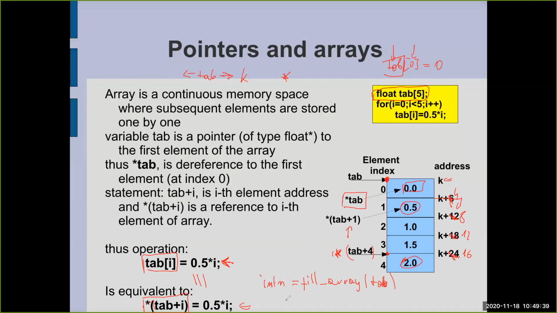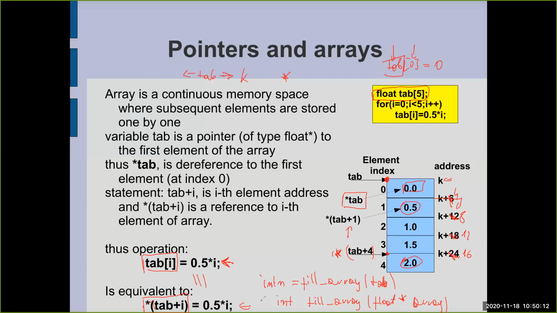So the function fill array returns the number of elements, fill array is the name, and here, because I'd like to pass an array, I have a pointer, so I have float asterisk, let's say, array.